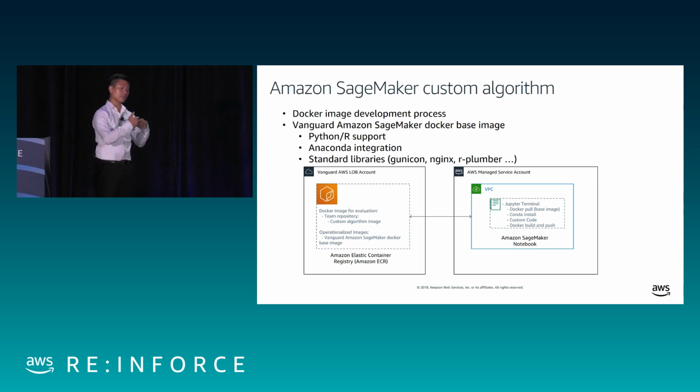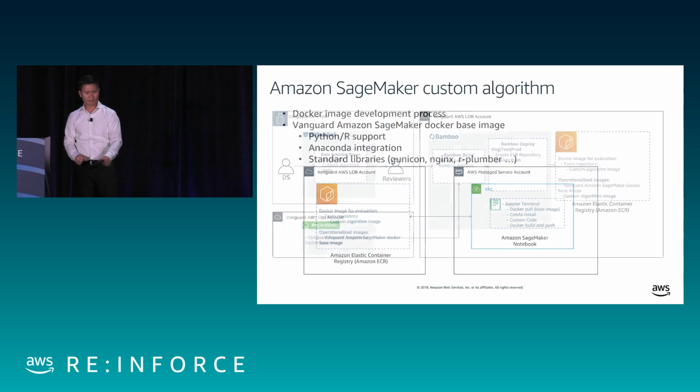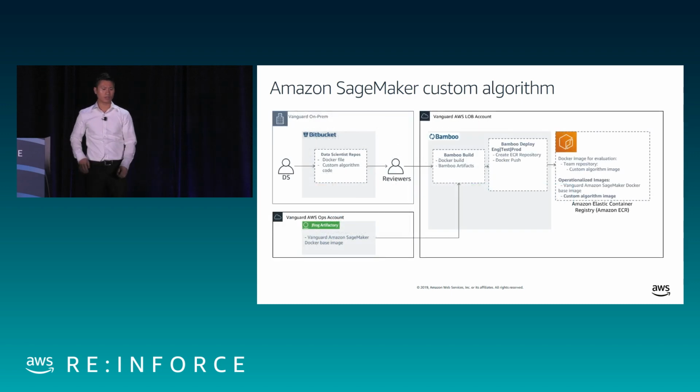Once they have that validated Docker image, they want to operationalize it. Just like the operationalization of the hosting endpoint, they have to go through the SDLC process for the Docker image as well.